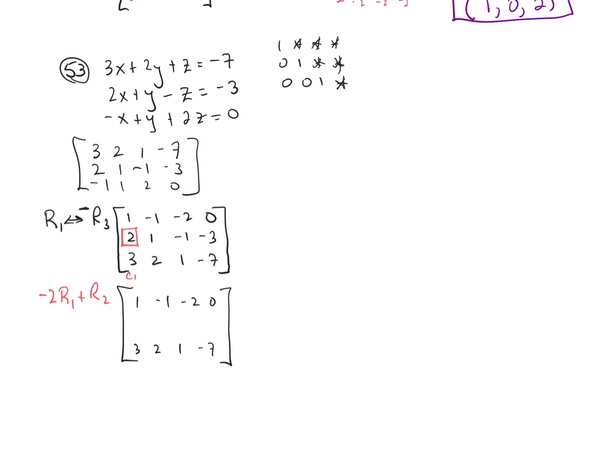So if I multiply row 1 by -2, I'll have -2, +2, +4, 0. I'm going to add those values to row 2. So I'll have 0, 3, 3, -3.